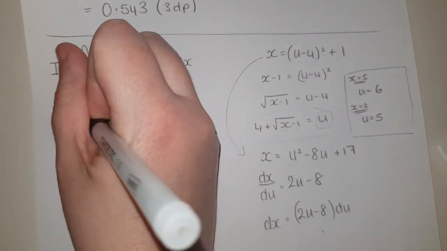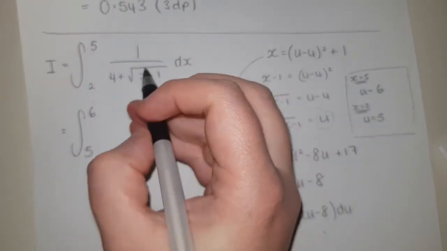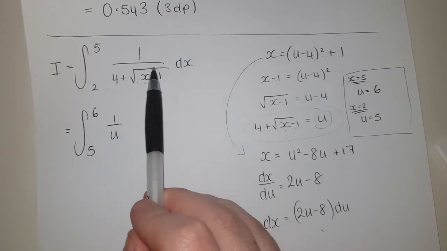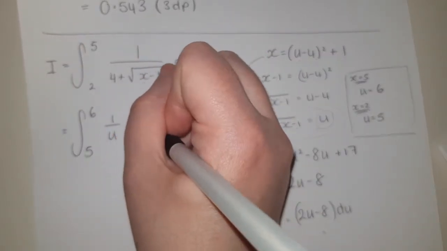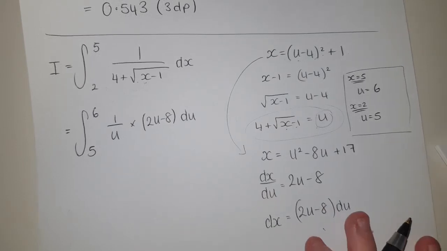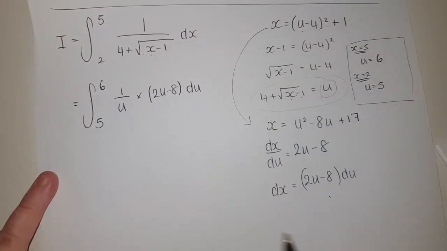So I get the integral, instead of 5 it's going to be 6, instead of 2 it's going to be 5. This whole thing we said is just going to become 1 over u, because all of this we said was equal to u, and dx we're replacing with 2u minus 8 du, which means it's already looking much simpler to deal with.